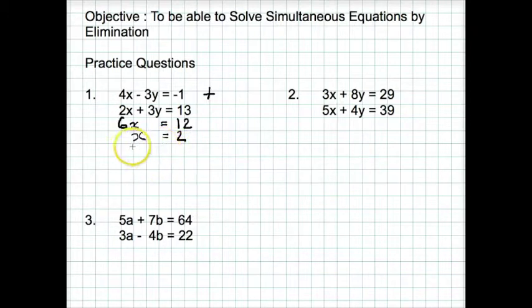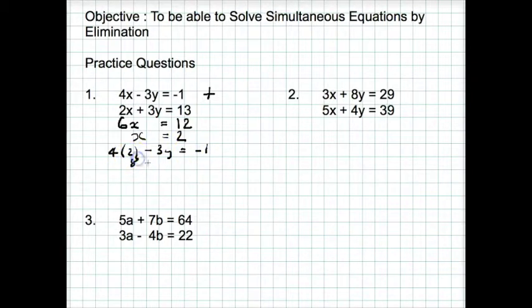Then I substitute my value for x back into the first equation, so I replace this x now with 2. I could write down 4, let's use brackets to show times 2, minus 3y equals minus 1.